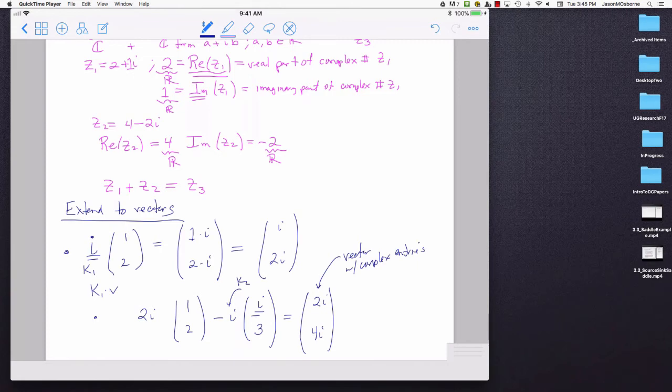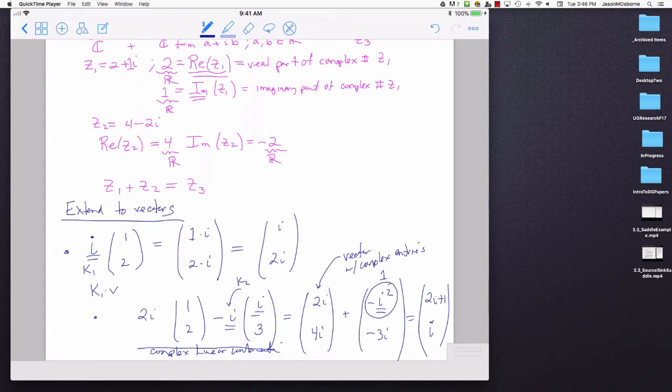You have a constant here. You can multiply it through, so it would be plus negative i squared, and then you get minus 3i. i squared was negative 1. Negative negative 1 is positive 1. Okay. So you could complete the addition here, or complete this complex linear combination. To get the answer, 2i plus 1. 4i minus 3i is i.